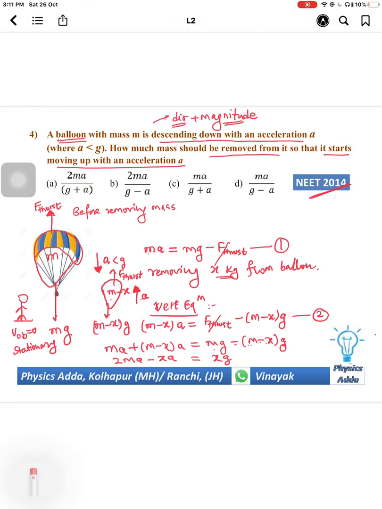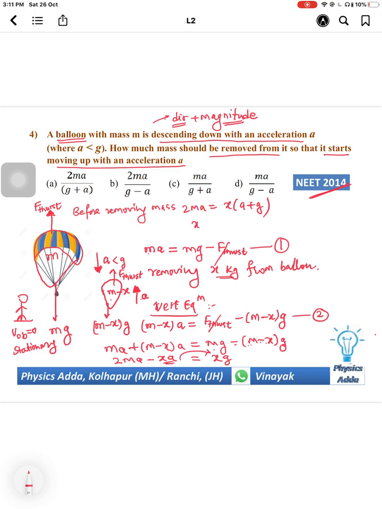Now, 2ma is equal to, I'll take x common, and this becomes a plus g. I'm taking this term towards the right hand side.